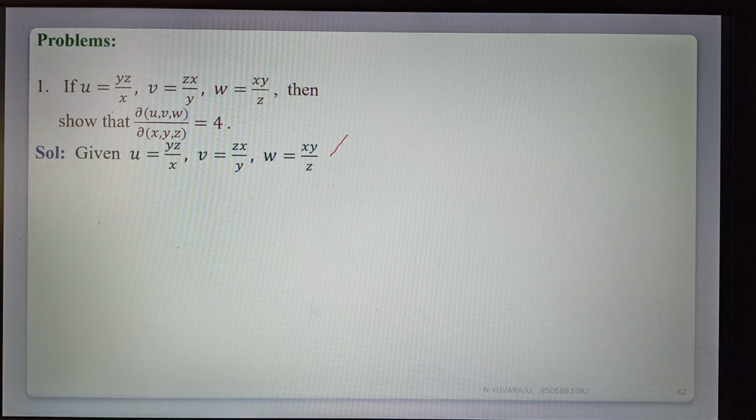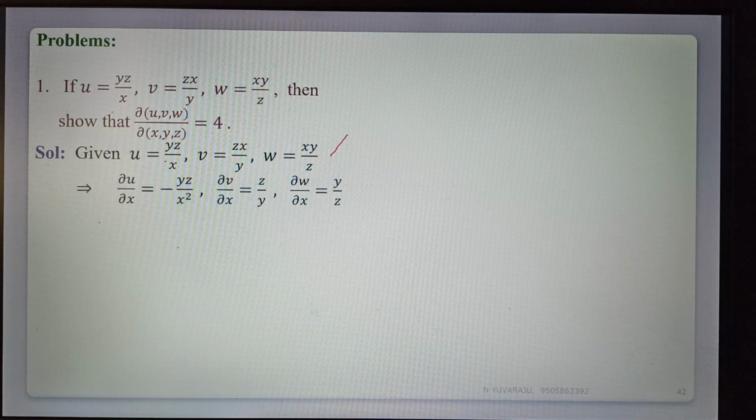First we find all the differentiations: ∂u/∂x, ∂u/∂y, ∂u/∂z, and similarly for v and w. First, ∂u/∂x is equal to minus yz by x square; ∂v/∂x is z by y, a constant; ∂w/∂x is y by z.